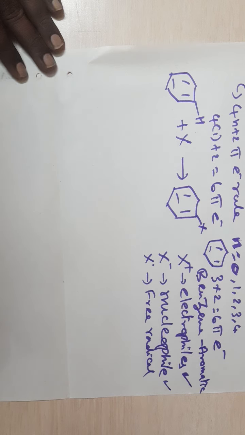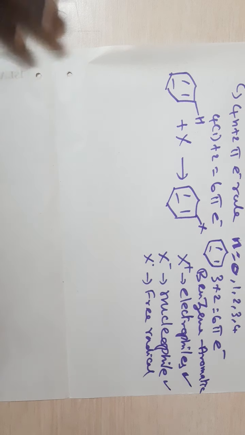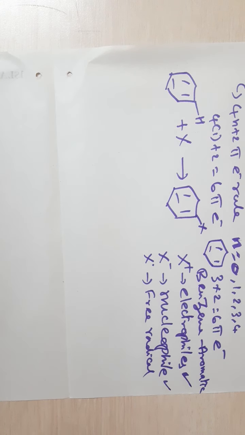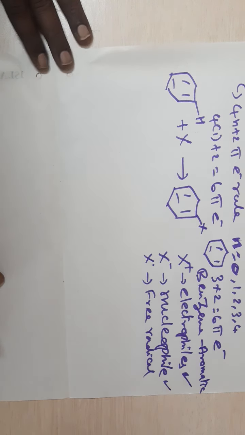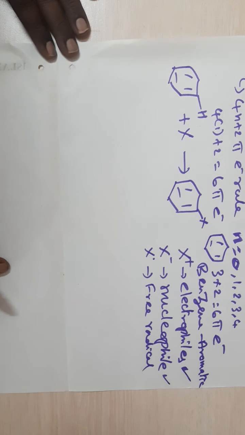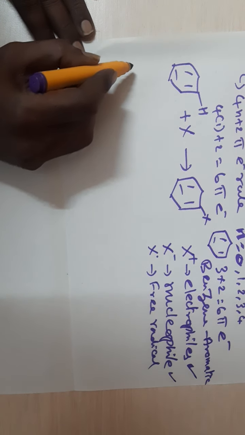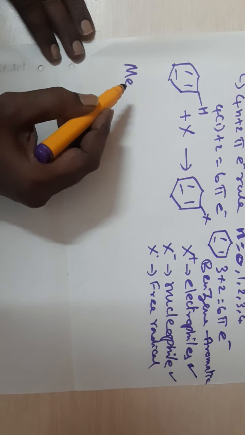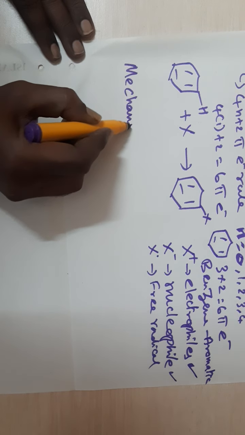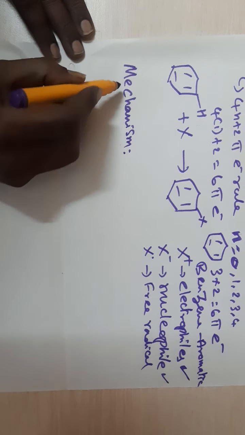If it is so, then how does the reaction occur? So let us discuss the mechanism of the reaction, namely aromatic electrophilic substitution. What is the mechanism? So I write the mechanism of aromatic electrophilic substitution.